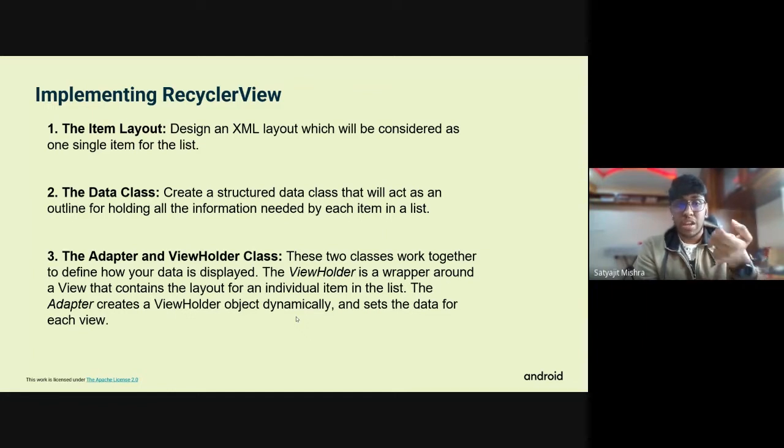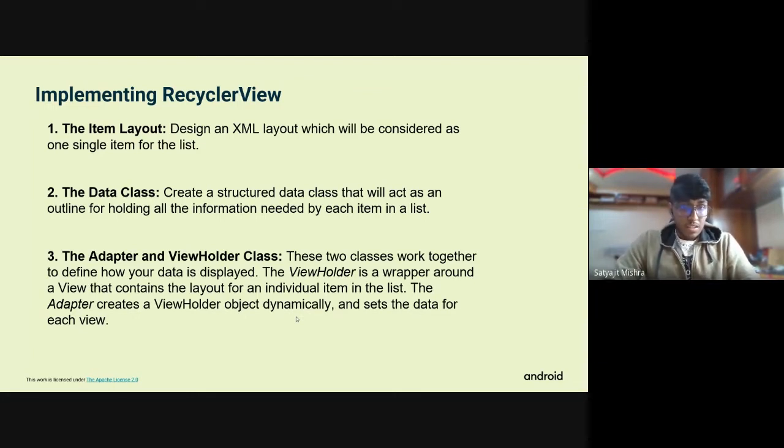We will have a contact name that will be of type string. Again a string type for the last message that you have sent or received from that particular person, and also the time. So that is just a basic example of what a data class is. It just contains the outline of what each element will hold.